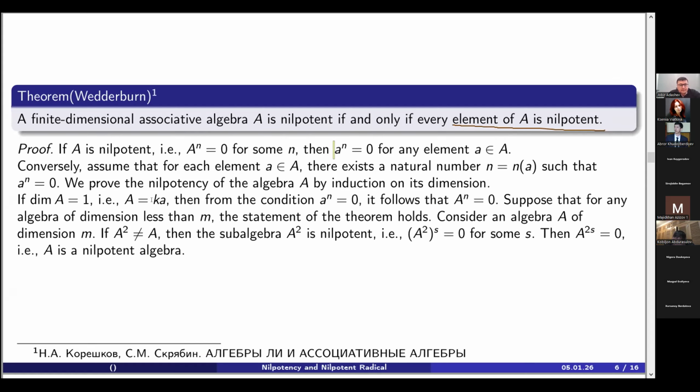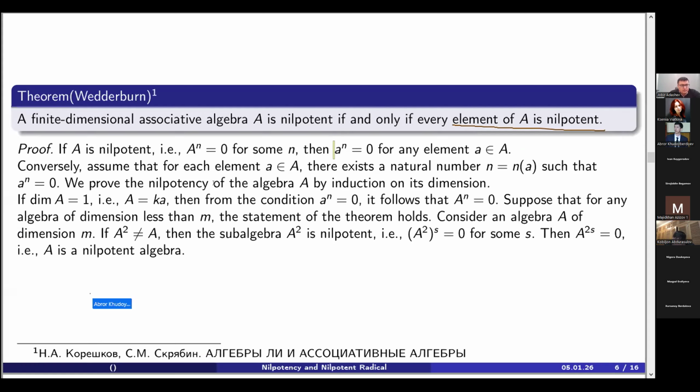This is clear. We are more interested in the converse. Assume that for each element A there is a natural number n depending on A such that A to the power of n is equal to 0.